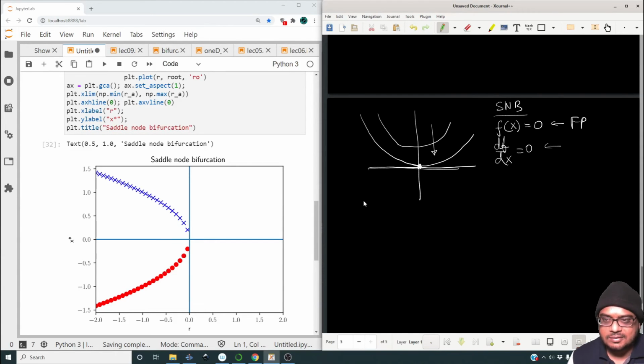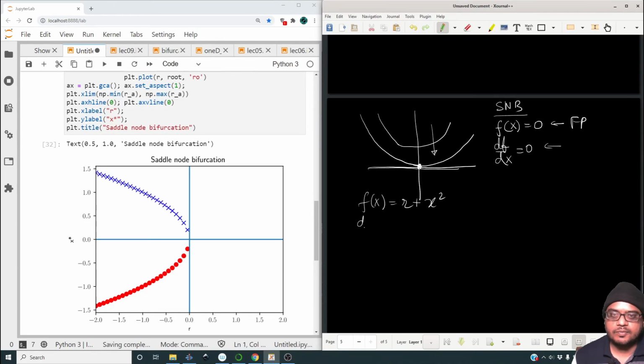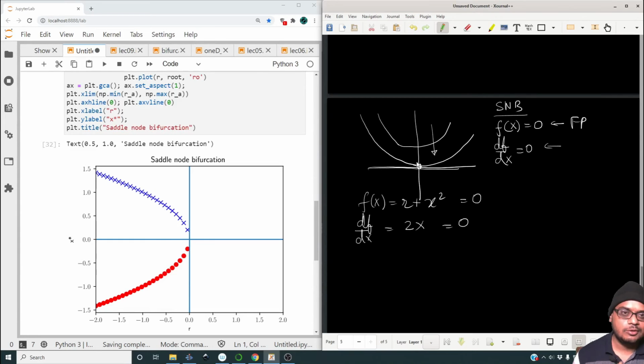So what was f(x)? f(x) was equal to r plus x square. So for what value of r does it happen? So df/dx will be equal to 2x. So this has to be 0 and this has to be 0 at the point we achieve a crossover from two fixed points to no fixed point.